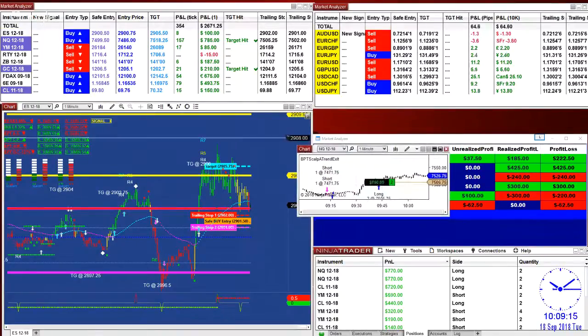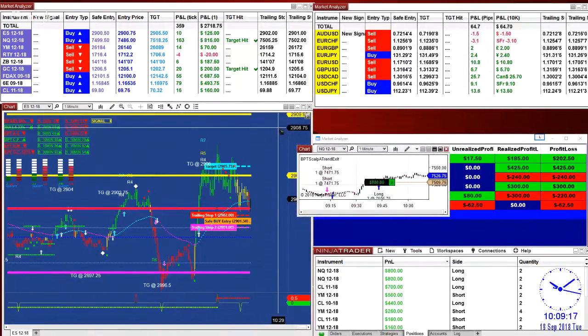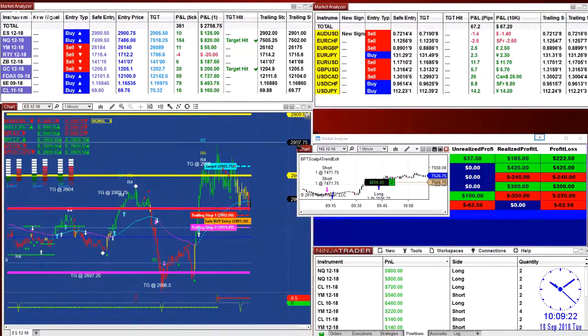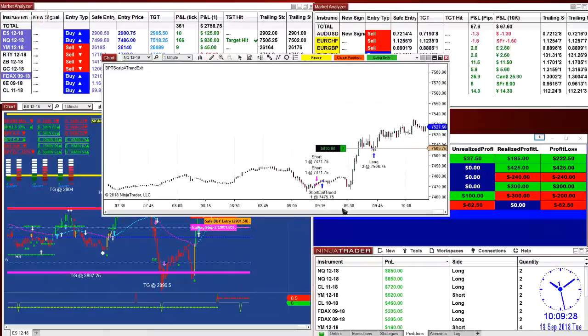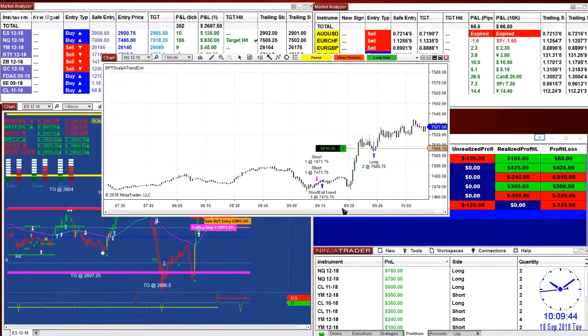I prefer to use or show the 1 minute. If you want to use ticks, we can use ticks. But when I'm trying to show, I'm showing the 1 minute. The reason is on the 1 minute you get a clear picture. If the auto trade works on 1 minute, it can work on any time frame. But if the system does not work on 1 minute, that means there's no use sitting down over the weekend trying to solve a problem that cannot be solved.